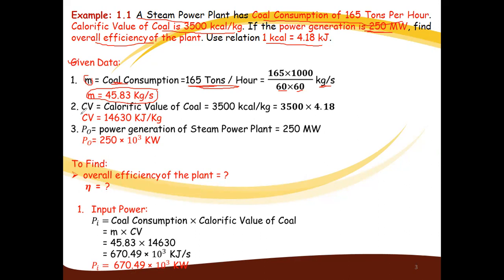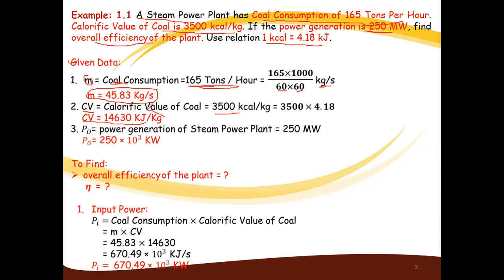Then we have another value, CV, which is called the calorific value of the coal. It is given as 3500 kilocalorie per kg. The conversion is 1 kilocalorie is 4.18 kJ. So 3500 into 4.18, and we get the calorific value 14,630 kilojoule per kg.